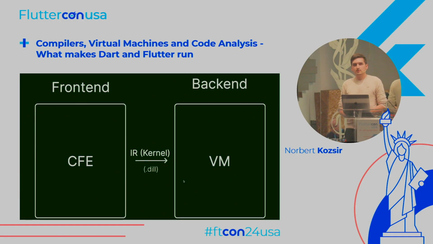So, how does this all work? This works mostly in two steps, or that's how it was architected, in a so-called front-end and back-end. When you, as an app developer, think about front-end or back-end, you usually think about an application on the front-end, like your Flutter app, and on the back-end you have some kind of server.